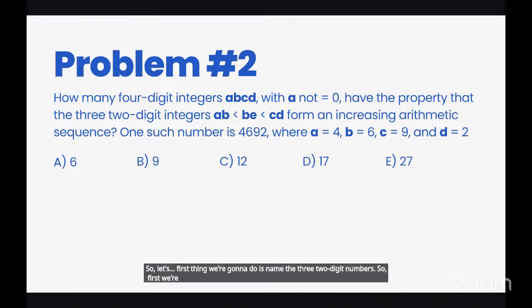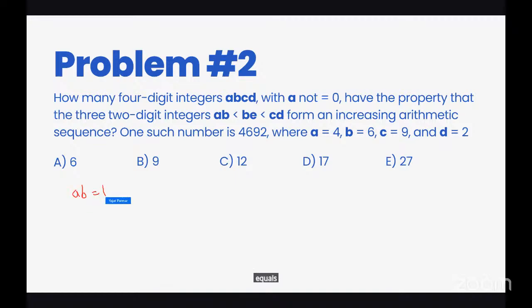So first we're going to have AB equals 10A plus B. Next, we're going to have BC equal to 10B plus C. Last, we have CD.